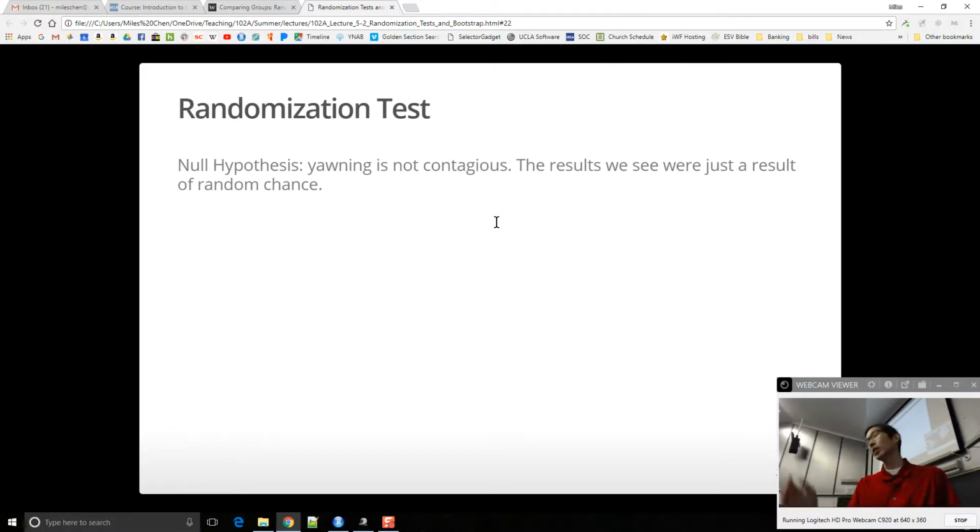But on another day, with another randomization, maybe we would have gotten something different. So we can test that out.